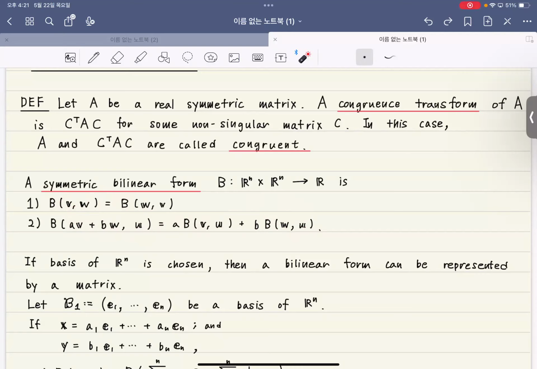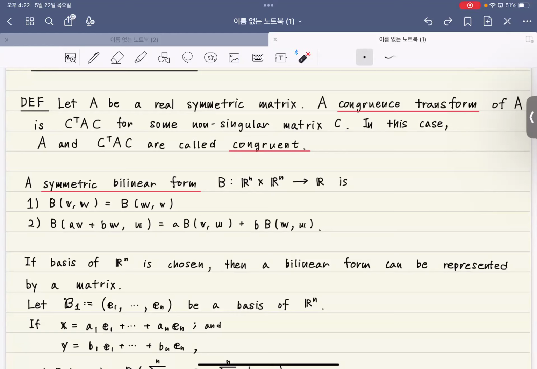This notion of a symmetric bilinear form appears in so many different contexts in mathematics. I'm a geometer, so all I can think of is some example regarding geometry. In general relativity, you are always concerned about some metric. Metric is a very special type of inner product. Inner product is one special and important example of this real symmetric bilinear form.